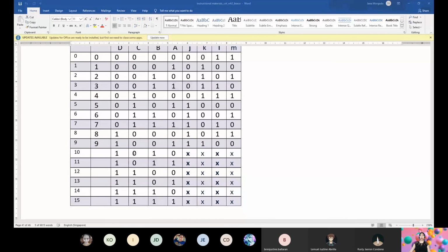So again, itong mga inputs na to, ano ba ibig sabihin ng 1 at 0? Ang 1 ay connected to the positive voltage.